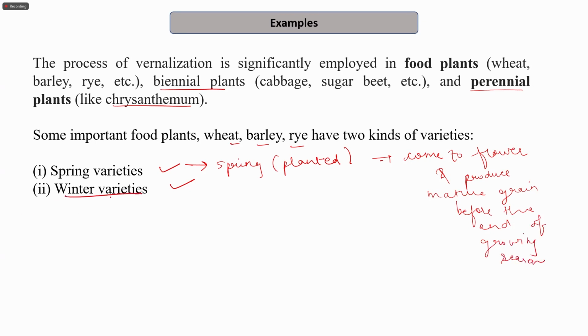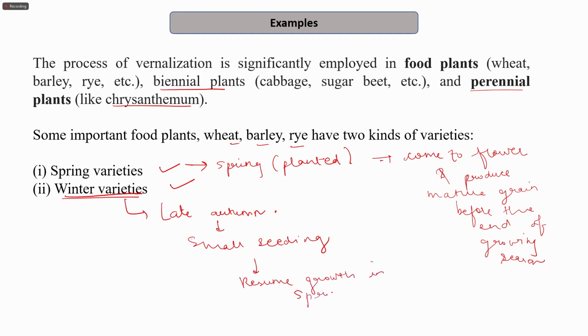While if I talk about the winter varieties, as the name suggests, they are planted in the late autumn, that is before the winter. They germinate and over winter they come out as small seedlings, which resume growth in spring, and are harvested in midsummer.